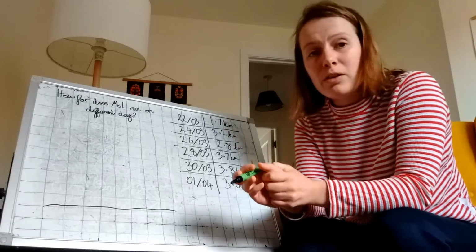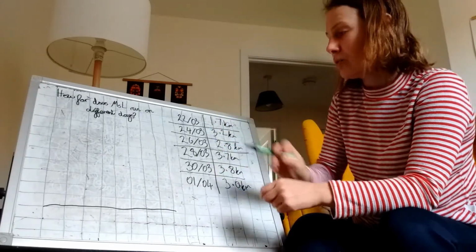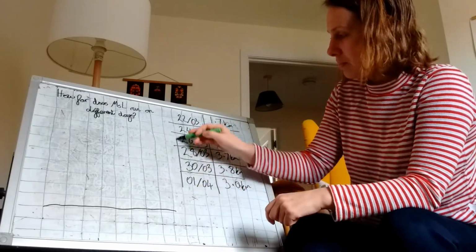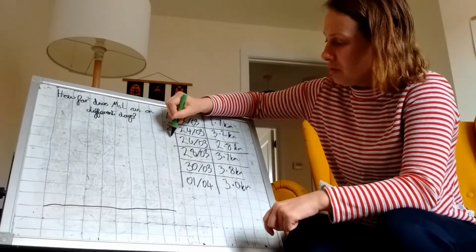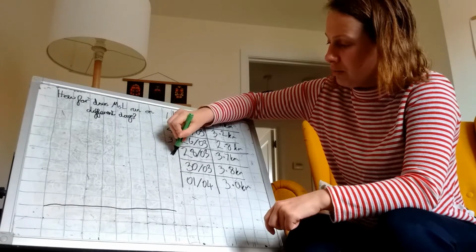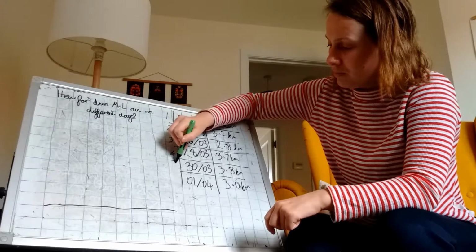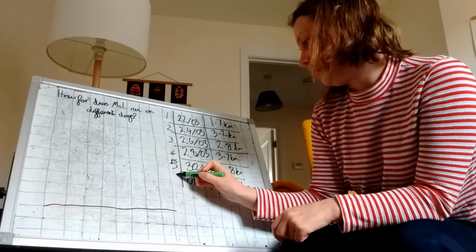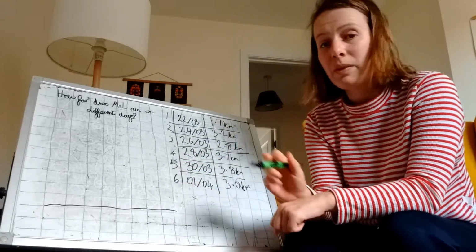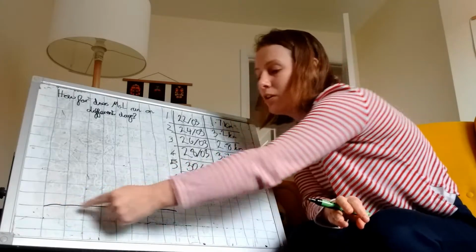And actually what I'm going to do, rather than writing out the whole dates, is call this one run number 1, number 2, number 3, number 4, number 5, and number 6. And so I'll write those numbers along the bottom.